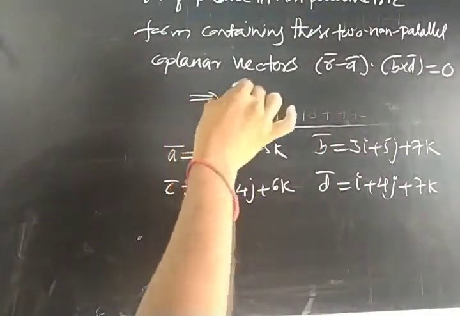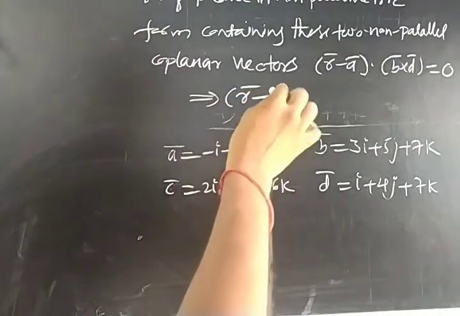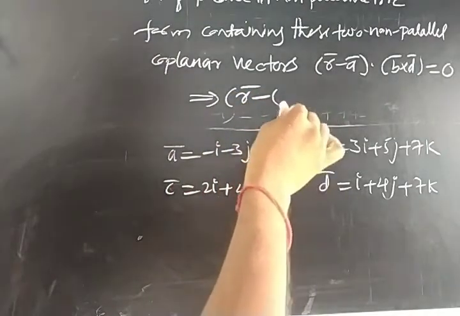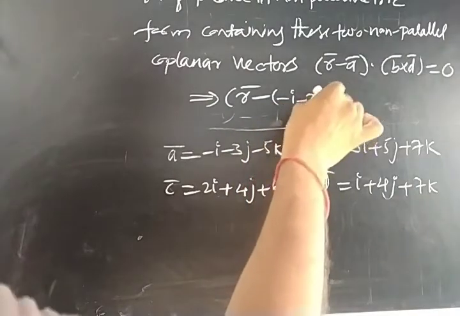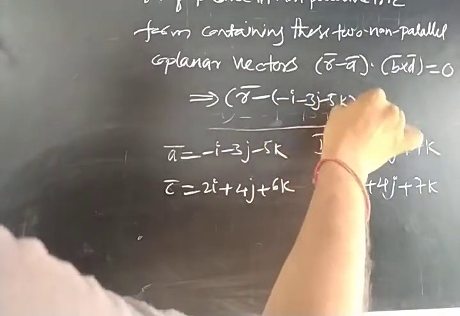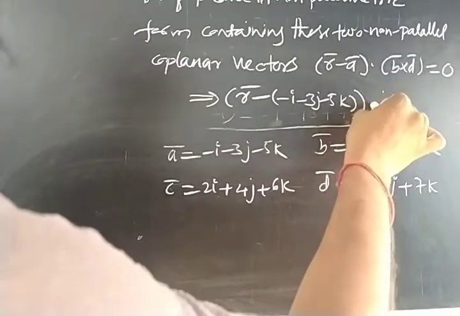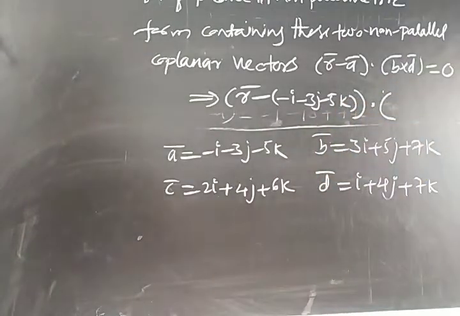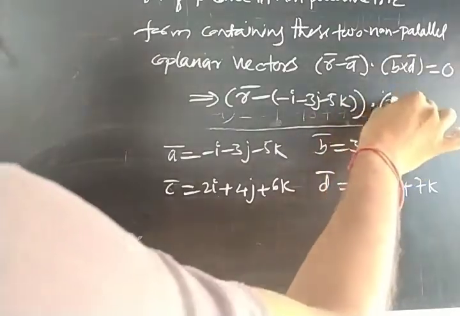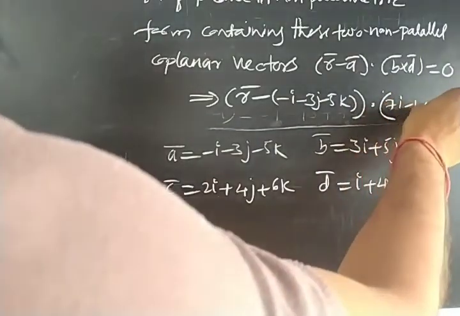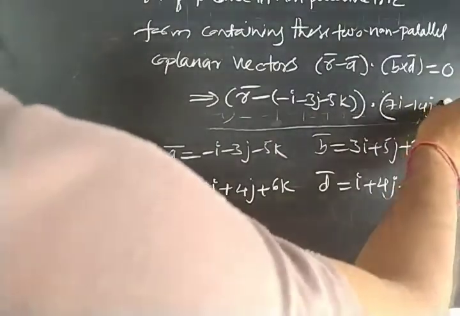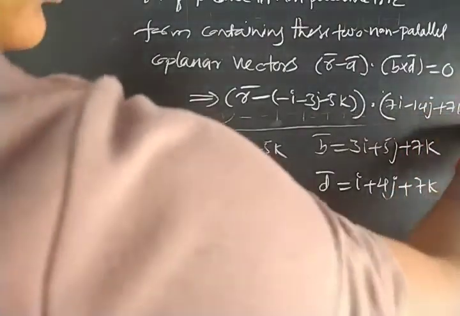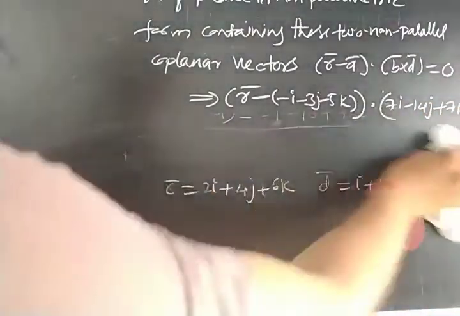So I am substituting here r bar minus a bar vector. What is the a bar vector? Minus i minus 3j minus 5k, dot b bar cross d bar. What we got: b bar cross d bar is 7i minus 14j plus 7k, equal to 0. Now I am going to find the dot product.